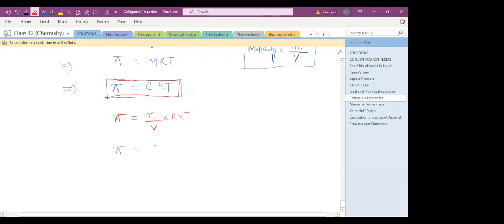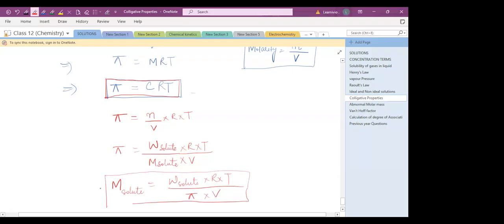Number of moles we can calculate by the given mass of solute upon molar mass of solute, into volume as it is, into R into T. From here, the molar mass of solute you can calculate using this formula: W of solute, weight of solute, into R into T upon osmotic pressure into volume. So that's the formula to calculate the molar mass of solute when the osmotic pressure is given.